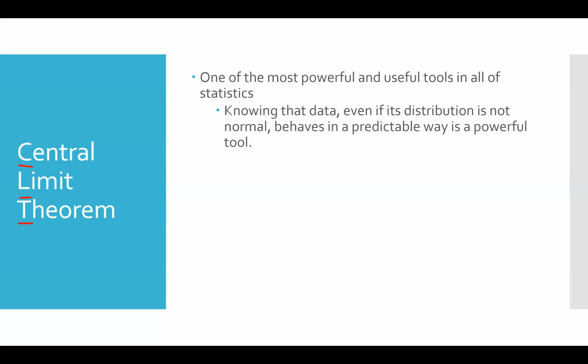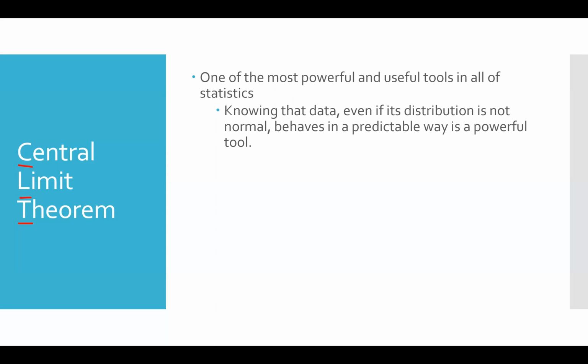It was not well received and was quickly forgotten about, and then was reintroduced in 1812 by Simon Laplace. So it's been around for a long time. And it is, again, one of the most powerful tools that we use in all of statistics.